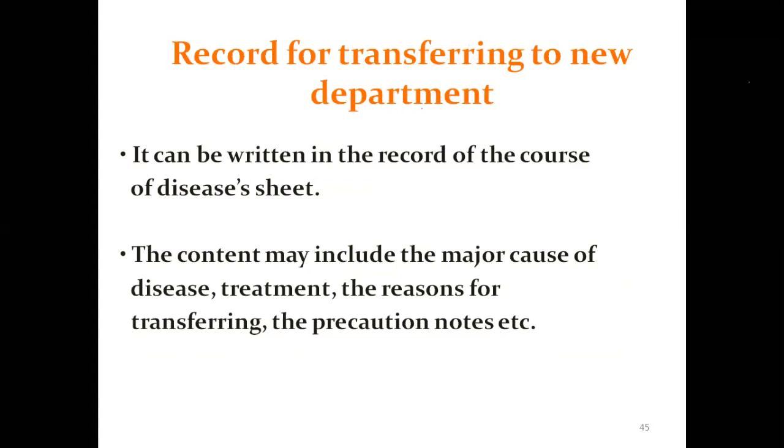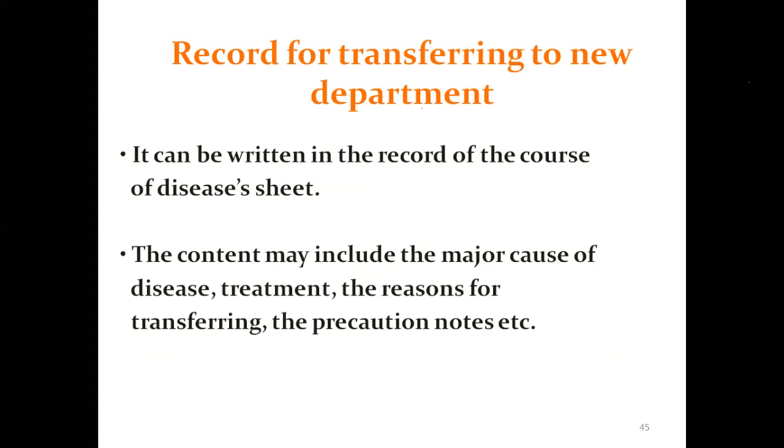Record for transferring to a new department. It can be written in the record of course of the disease sheet. The content may include the major cause of the disease, treatment, the reason of transfer, and precaution notes.